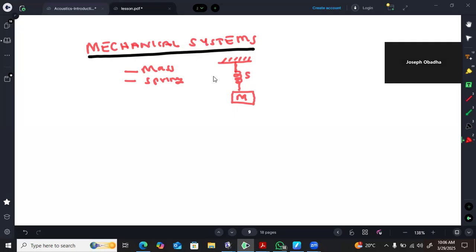So for a simple arrangement like this, if it oscillates, then let's say it moves up, the restoring force would be given by force equal to minus Sx, where x is the displacement, and S is the spring constant.